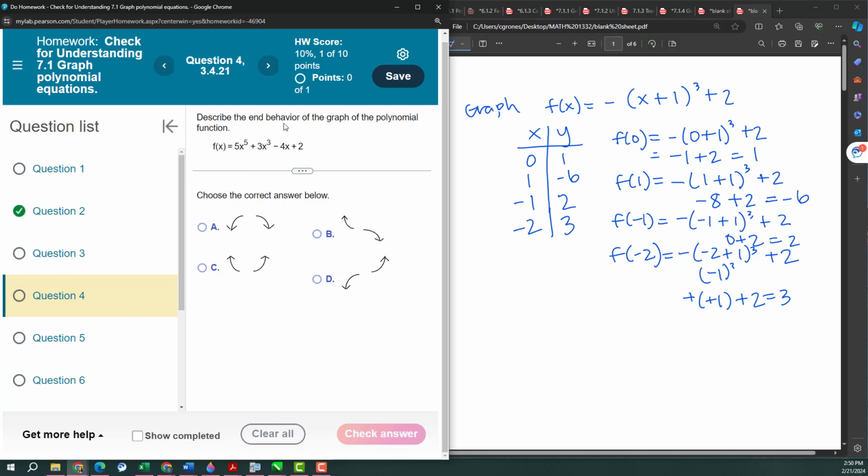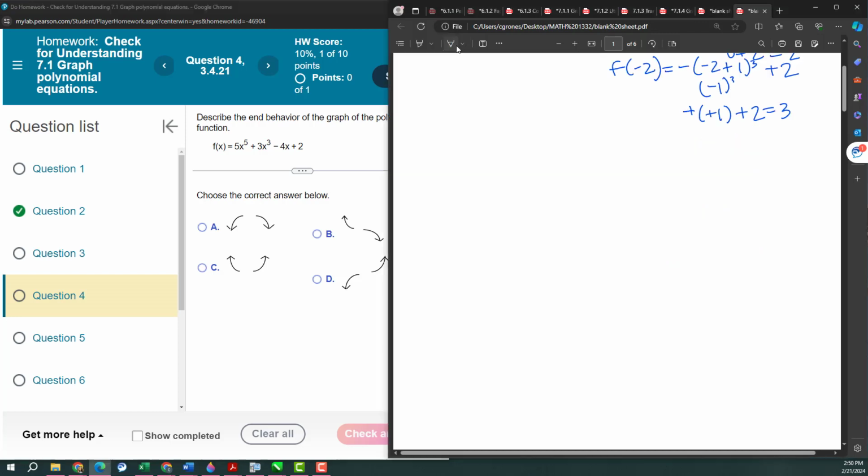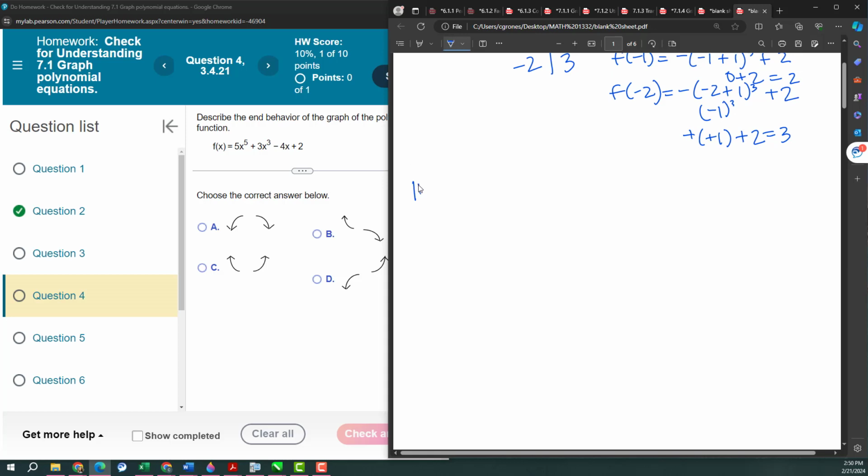Describe the end behavior of the graph of the polynomial function. So f of x equals 5x to the 5th plus 3x cubed minus 4x plus 2.